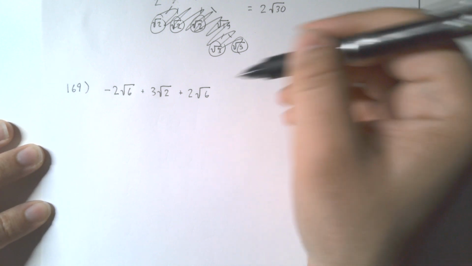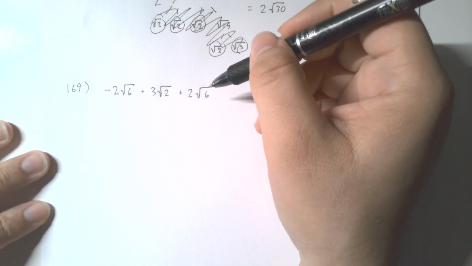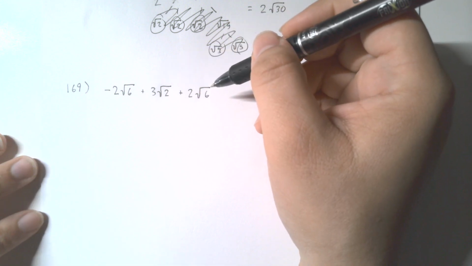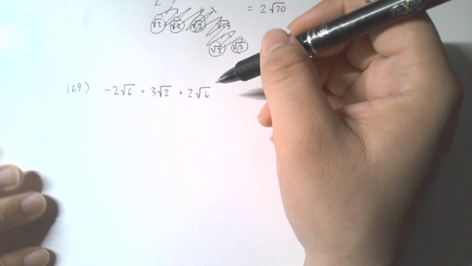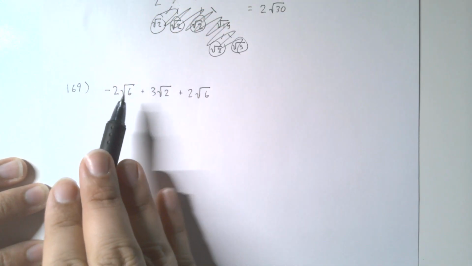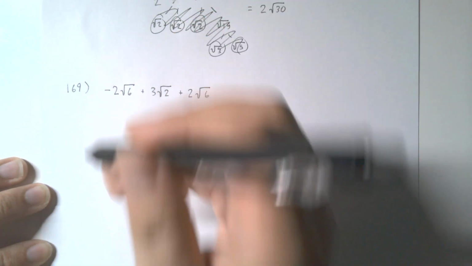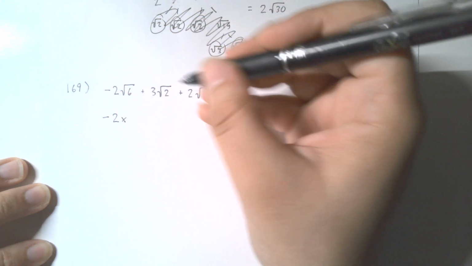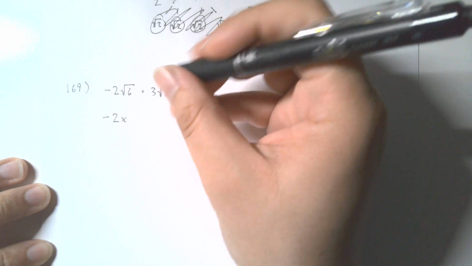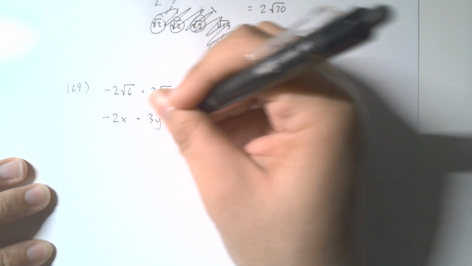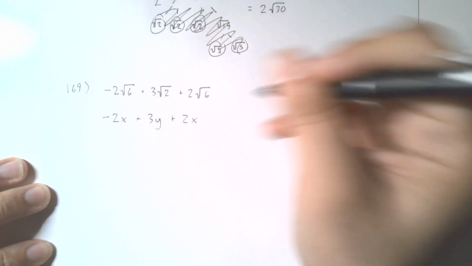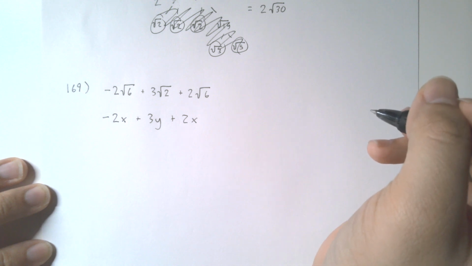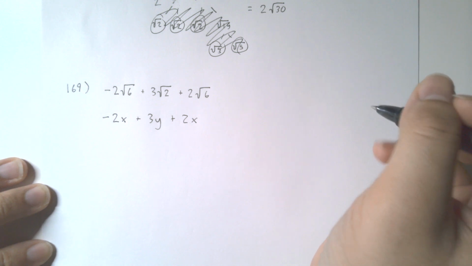So at first glance, it may not look very clear how we can do this, but what if we replace the square root of 6 with an x and the square root of 2 with a y? So instead, we can convert this into negative 2x plus 3y plus 2x. And it may be more clear how we can actually tackle this.